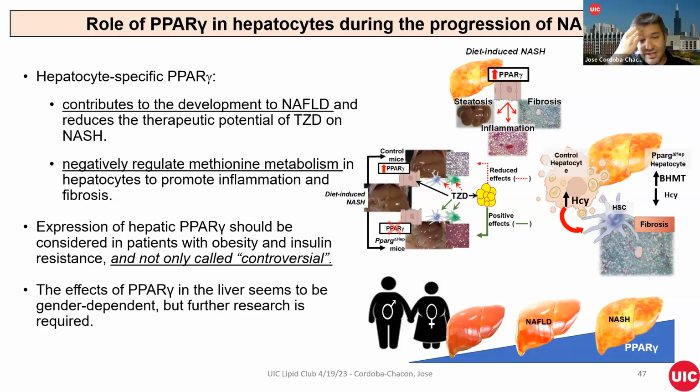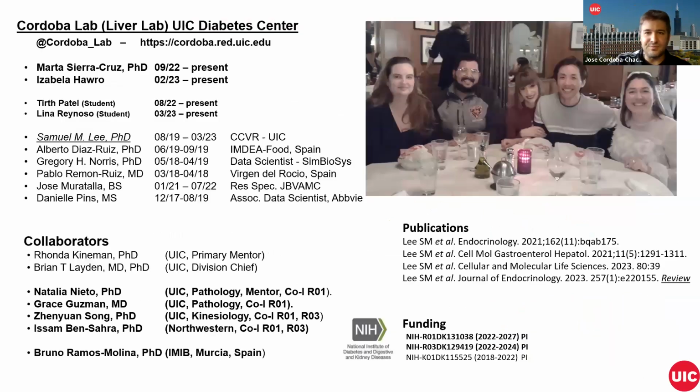And also these gender-dependent effects, as Dr. Unterman was saying, could be due to the peripheral metabolism improving in females, but I would also say there might be a direct interaction of estrogen signaling at the level of hepatocytes, which is worth studying in the future.